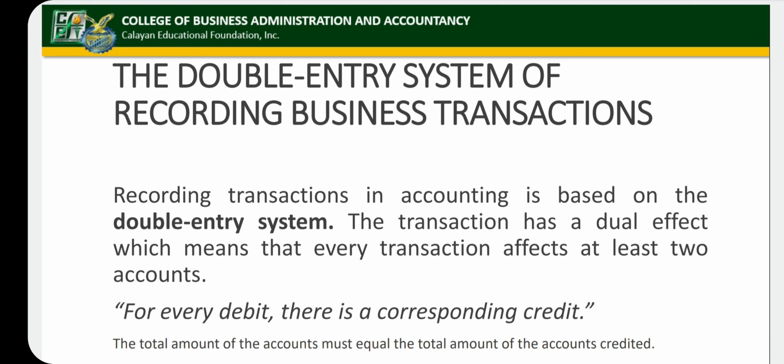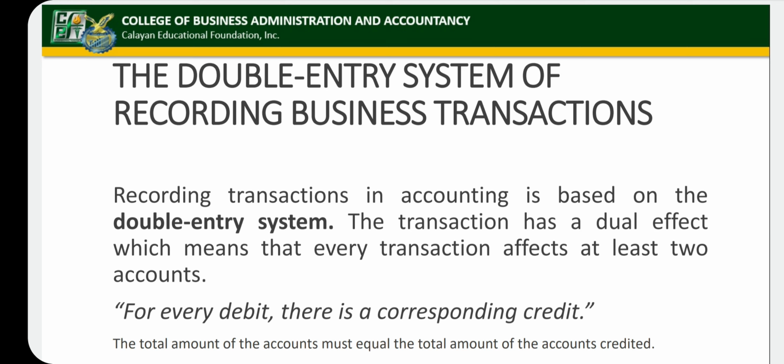When you purchase supplies and you pay cash to your suppliers, there are at least two account titles affected in that transaction, namely the cash and supplies. When you purchase supplies, supplies will go to your business and cash in return will go out from your business.